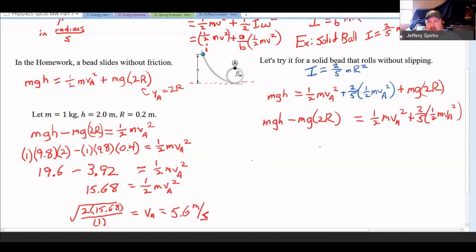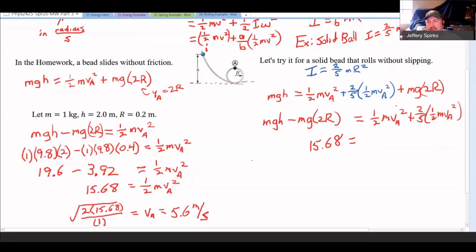And this side again is going to come out to 15.68, just like before. But now we have to figure out how much of that energy is in the translational energy and how much is in the rotational energy.